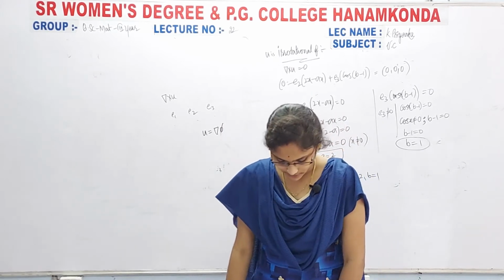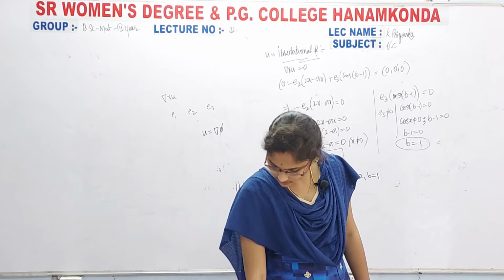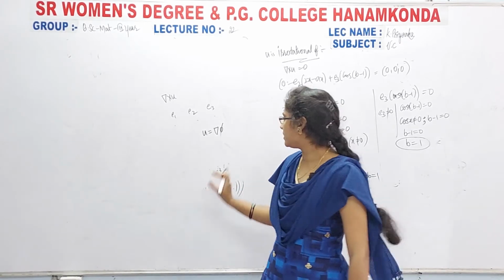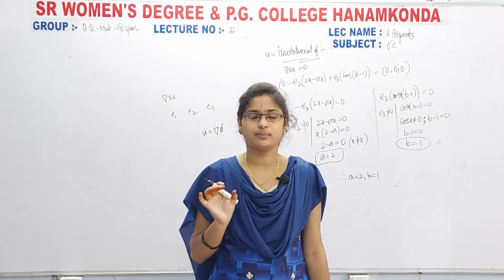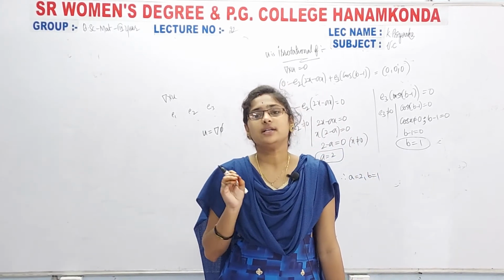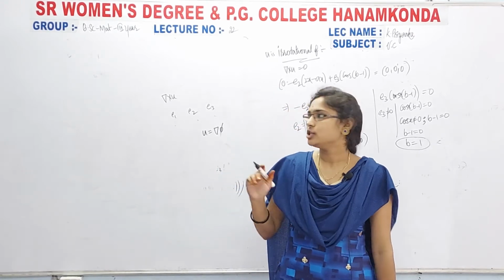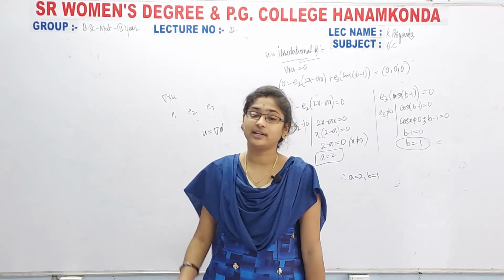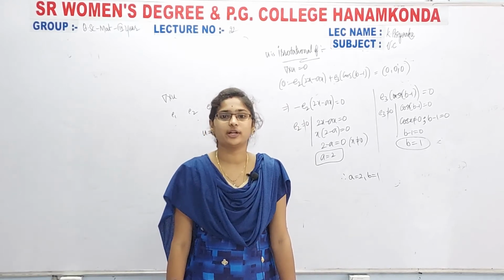From this, the u value is what they gave, y square z minus z square sin y, and so on. Here they are asking for a potential function. In the previous classes we calculated this: by comparing these two, we calculated dou pi by dou x and so on, and finally we calculated the h value also. That is nothing but the potential function.